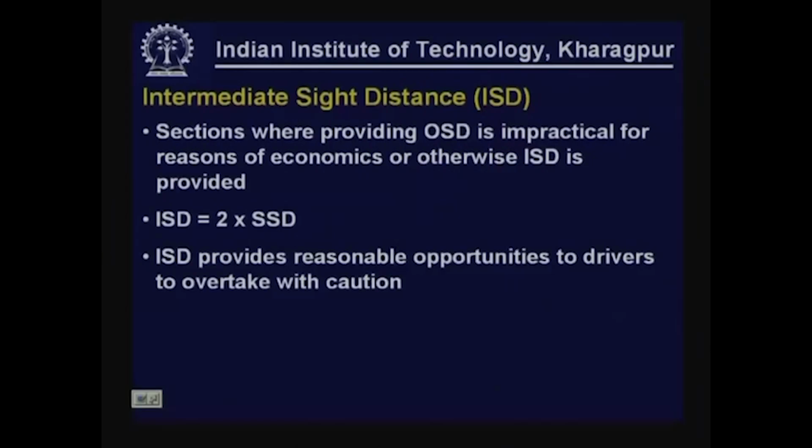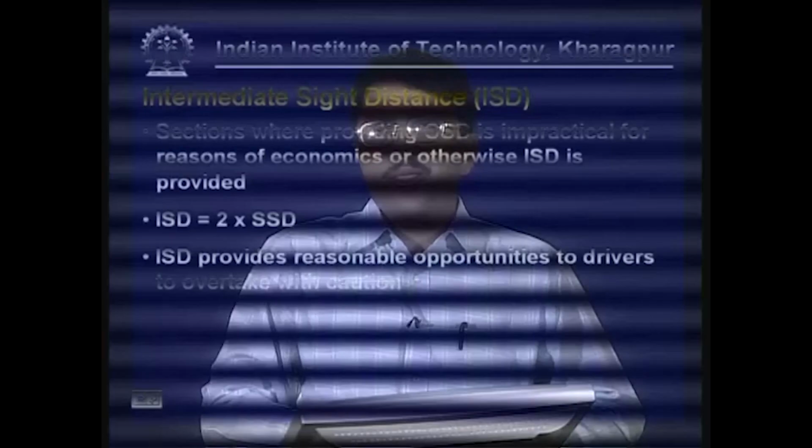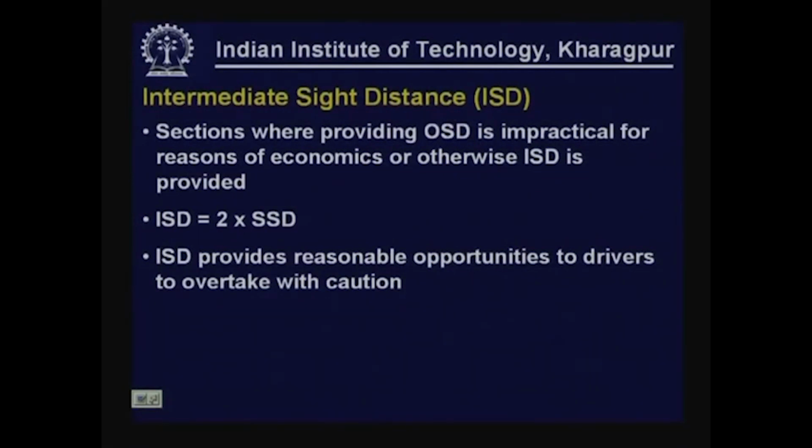For sections where providing overtaking sight distance is impractical for practical reasons or otherwise, that means where it is not possible to have the required sight distance at least equal to overtaking sight distance, the intermediate sight distance is recommended, which is twice the stopping sight distance.